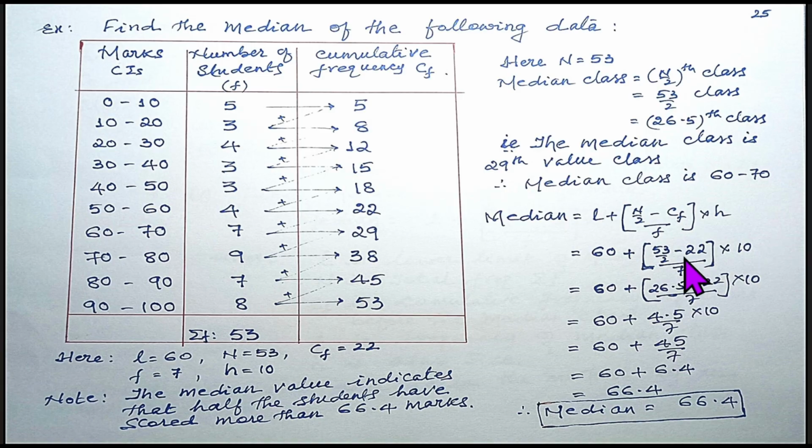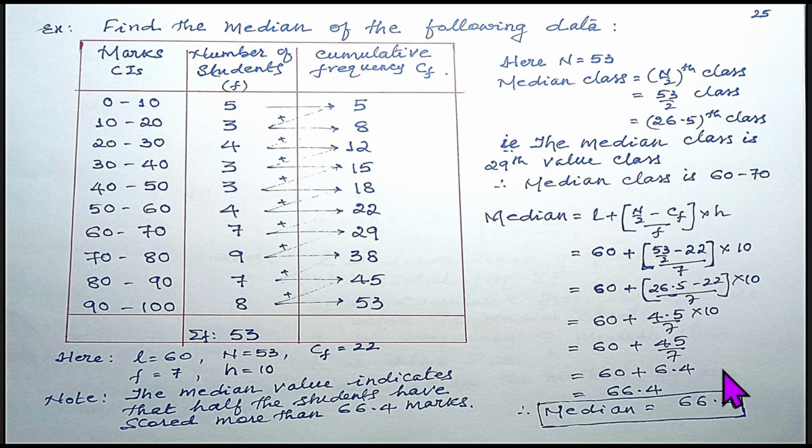Substitute all the values and simplify it. Simplification is very easy, and the value of median is 66.4. So the median of this data is 66.4.